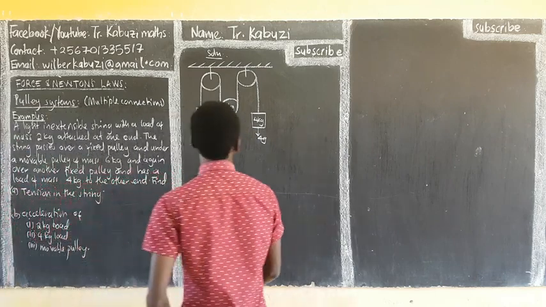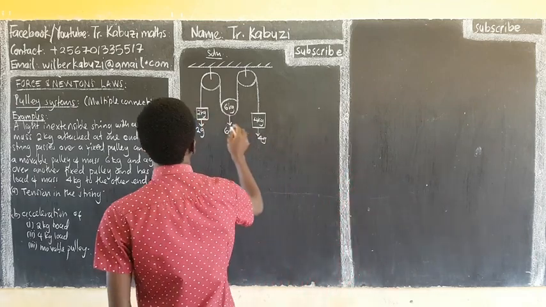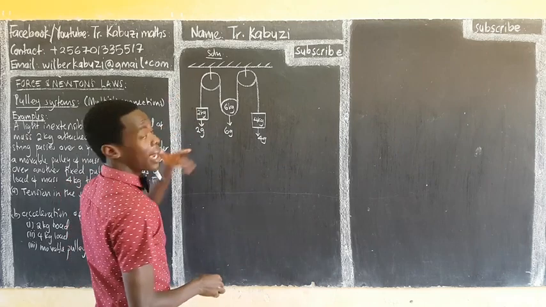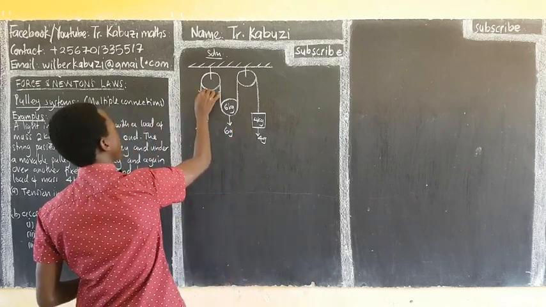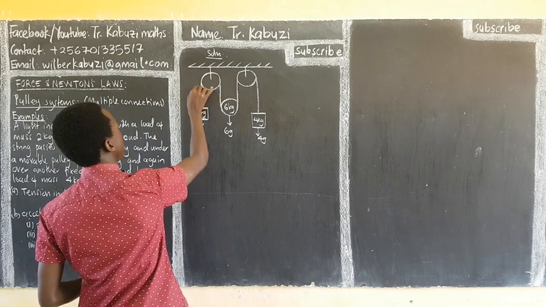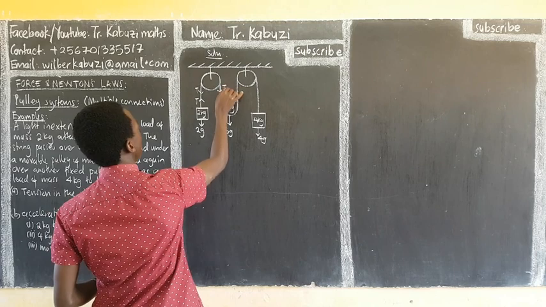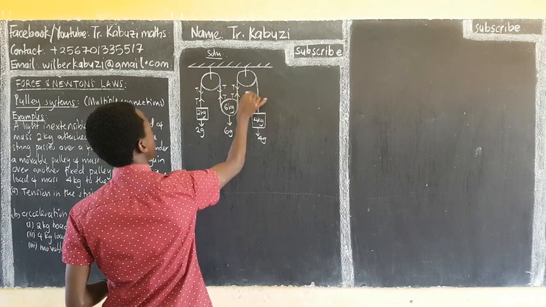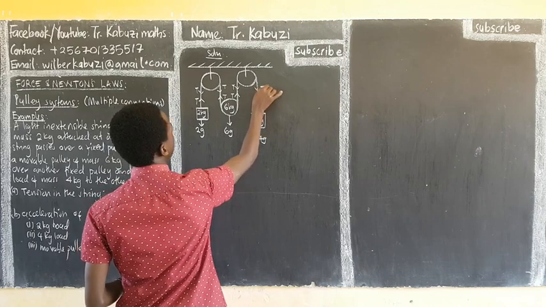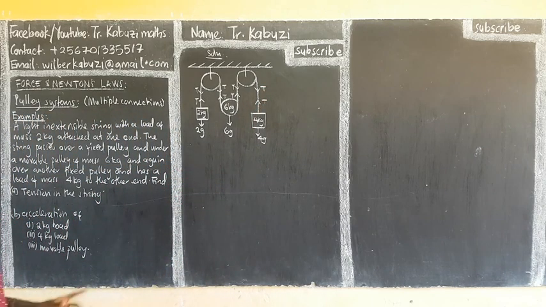Then, remember we said at the end of the string, like we saw the other case, we are going to be having first of all tension in this string, T, then this will be T throughout. I think we explained why we have these tensions in our first lesson. We explained why we have the tension in the string.